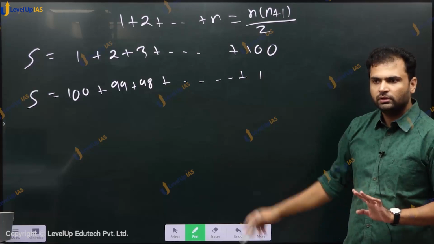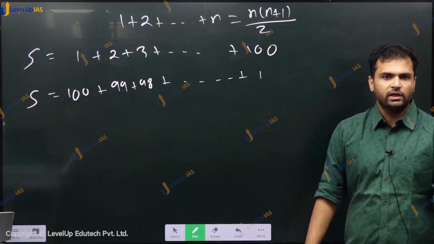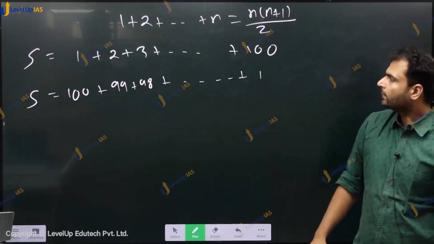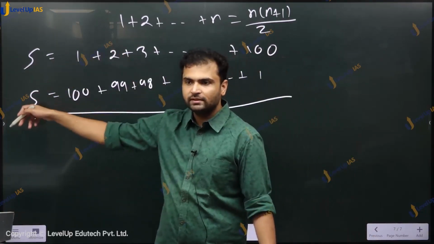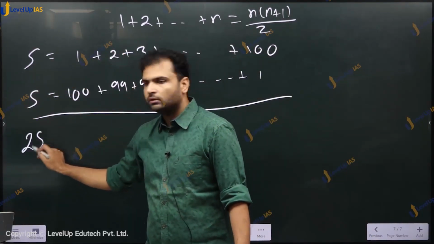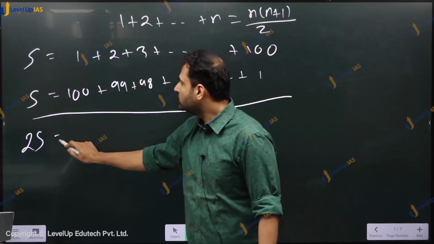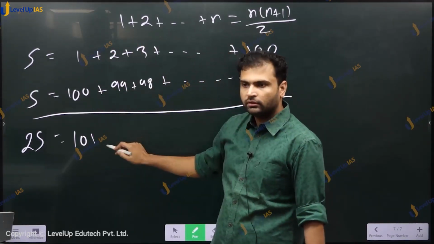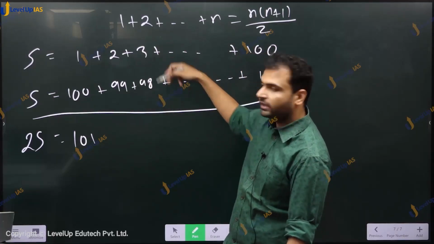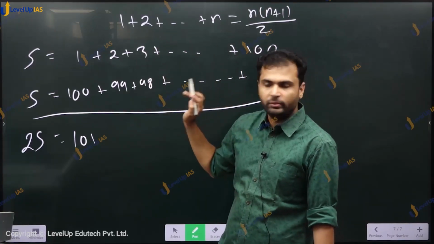Any issue? He just reversed the order. In addition, reversing the order makes no difference. And then he added these two numbers. S plus S is 2S. And this is nothing but 100 plus 1 is 101, plus 101, plus 101. All pairings would be 101.